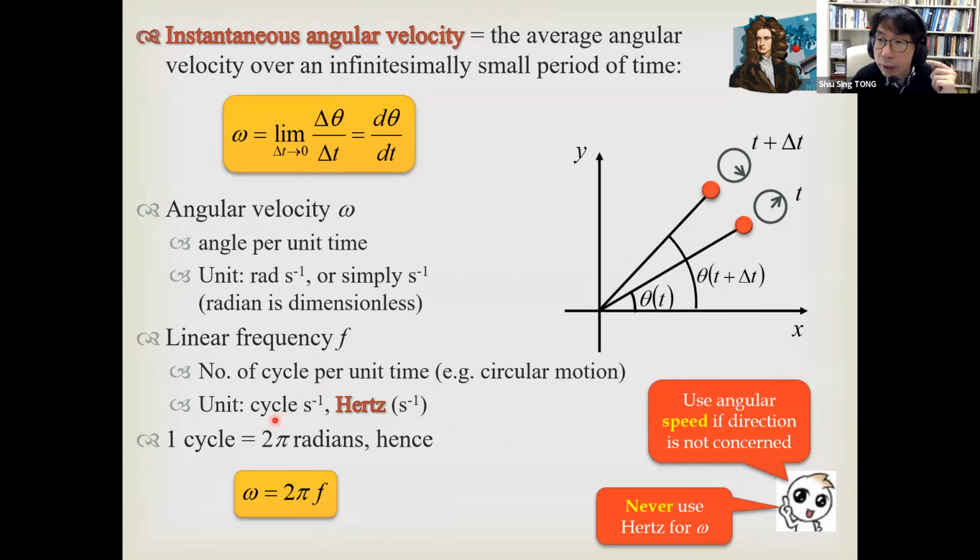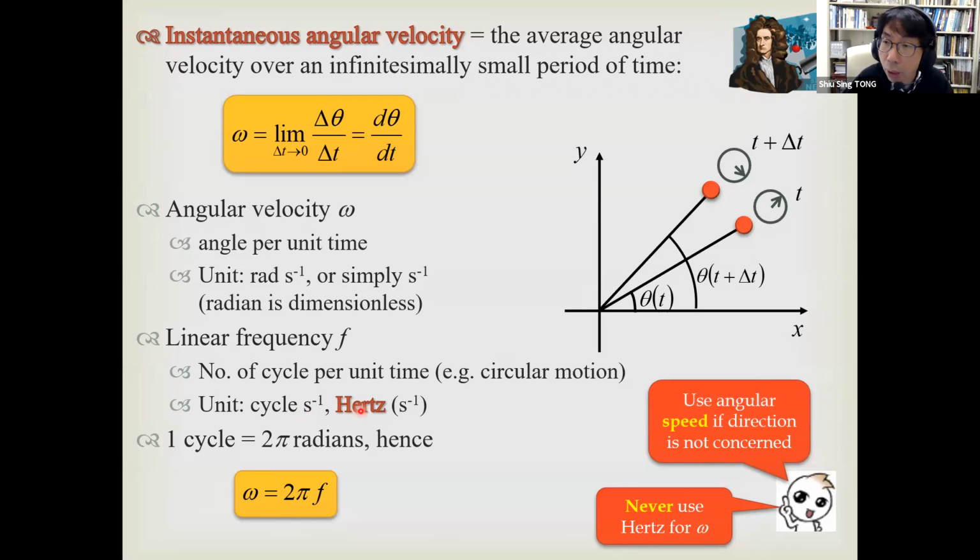By definition it is just the number of cycles per second. For each second, how many cycles does the object revolve? Its unit is per second, because cycle also doesn't have a dimension, so the dimension actually comes from the second.